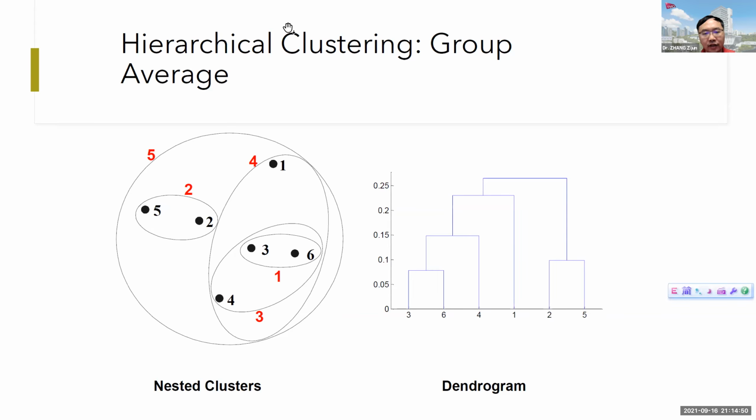And you might further ask, then why min, why max, why group average? This becomes a case that, after we group 3 and 6, they become a cluster, but others are still individual points. Then how can we compute the distance between an individual point and the cluster of many points?